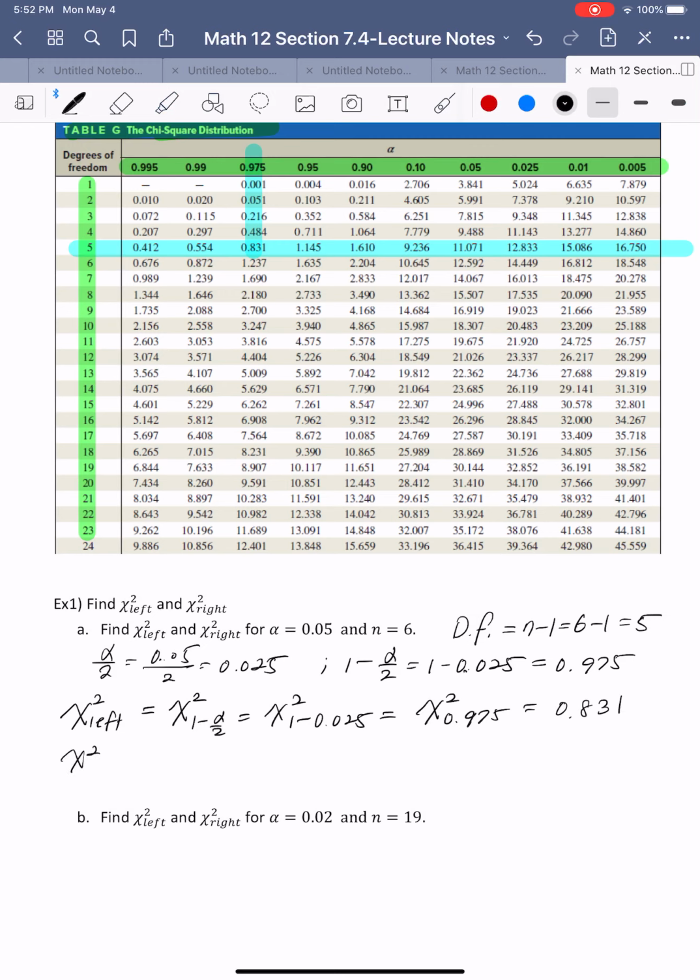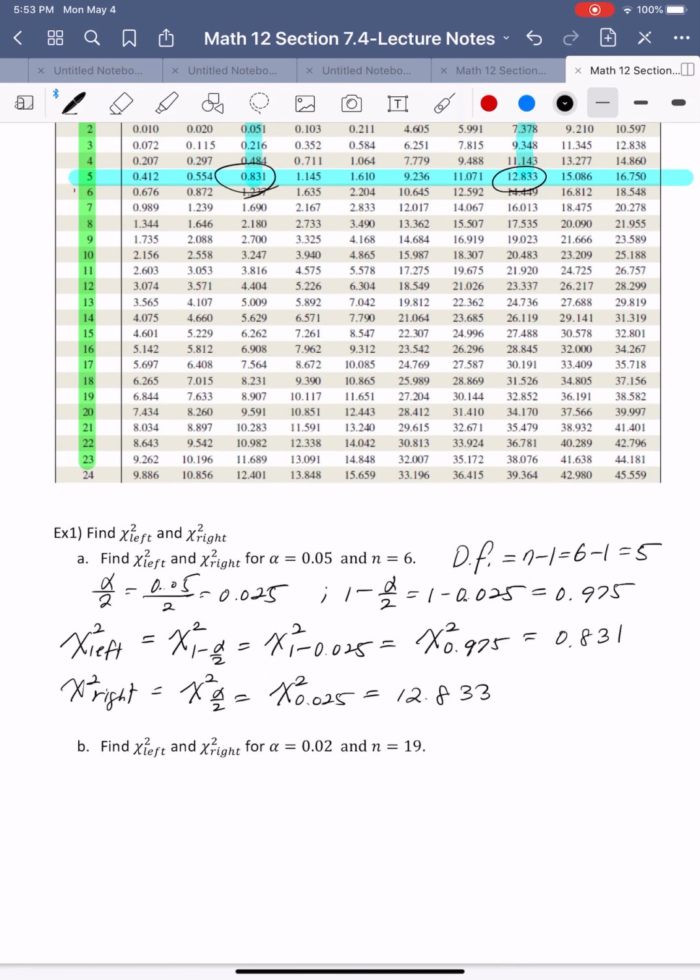Then chi-square right, which is chi-square alpha over 2, which is 0.025, with the same degrees of freedom. Now this time it's the 0.025 column, and you'll see 12.833. So these two numbers are what we're using.